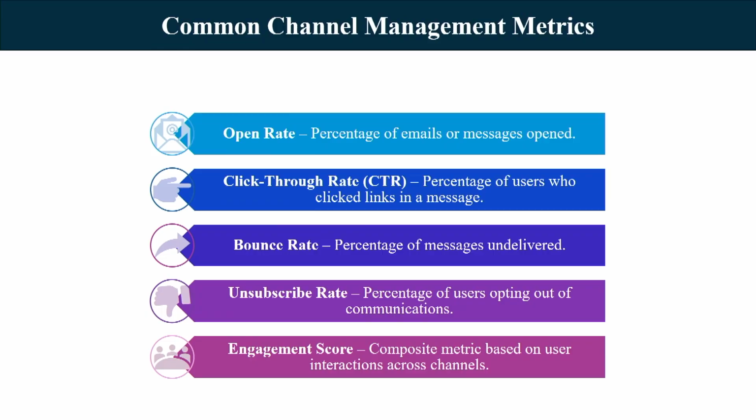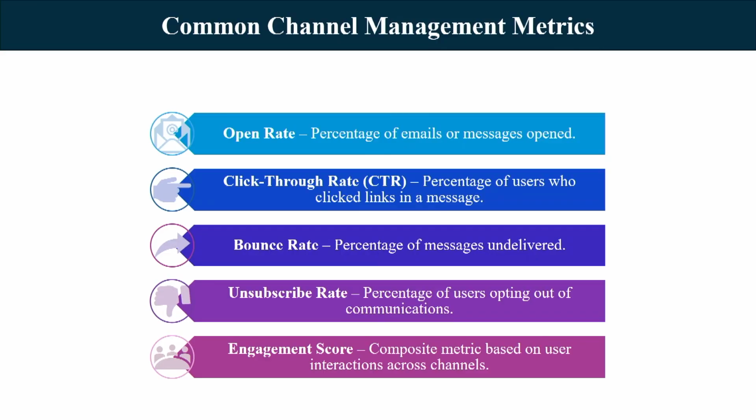Then another one is unsubscribe rate, the percentage of users opting out of the communication. Nowadays we get a lot of sponsored emails. If we open that sponsored email, most of the time there is an option for unsubscribing. So the unsubscribe rate actually helps us understand that it is a win-win situation for both parties.